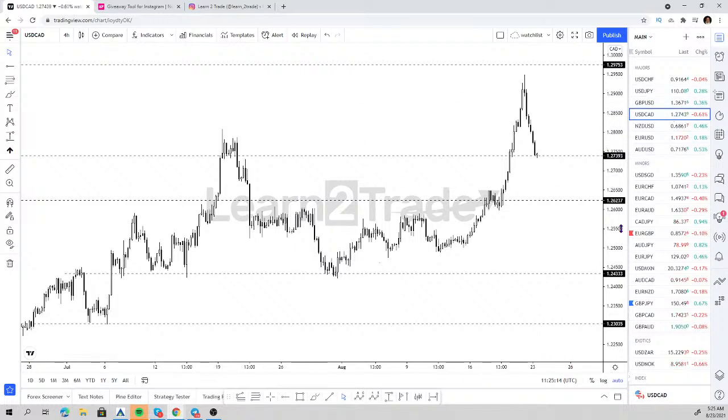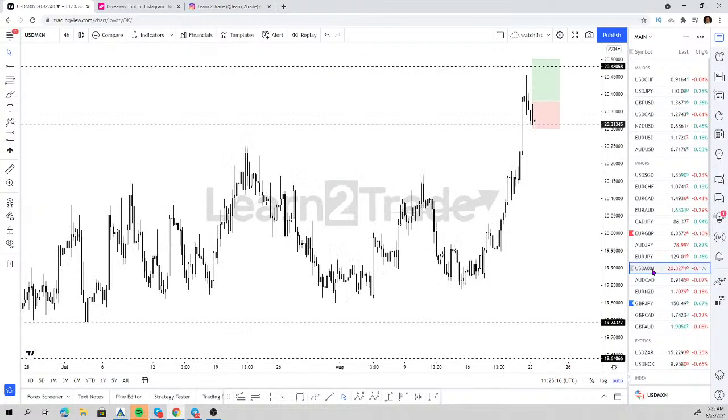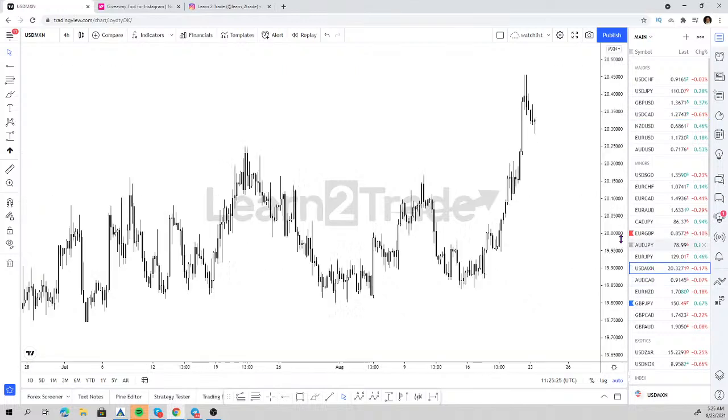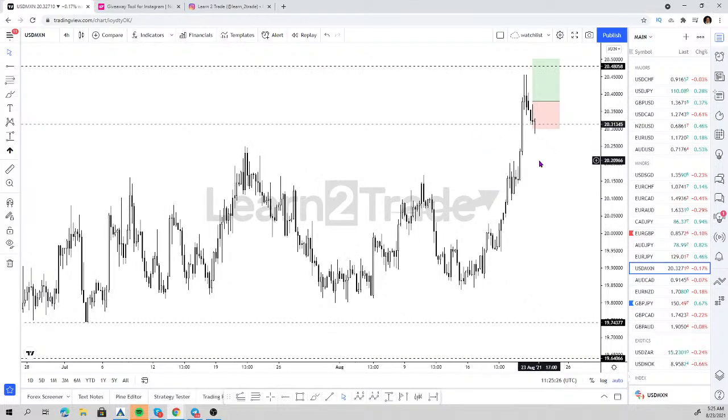That is still pretty undeveloped. The US dollar Mexican peso is still in play. So what I'm going to do is move my stops below this week's low, and of course I'm going to lower my position size on that one.